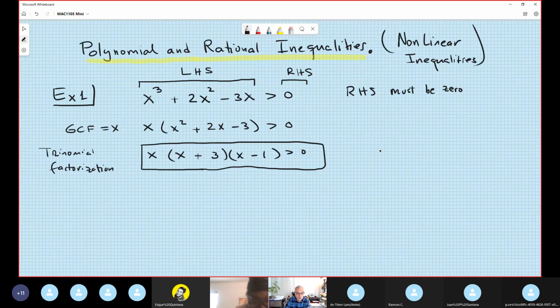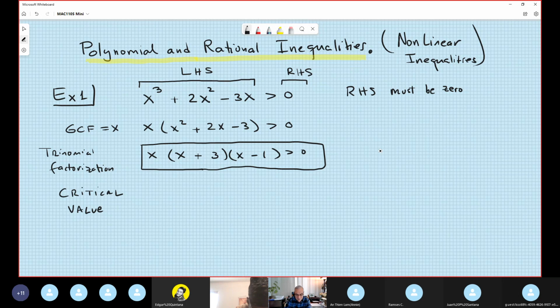Okay. So we start now. This is the first step, factorization. To start, you find one important thing called critical value. Critical value is not the solution.